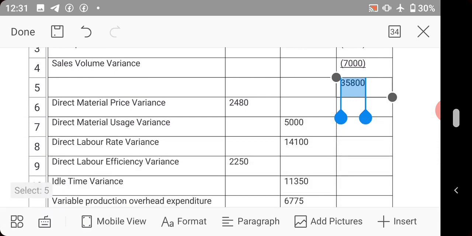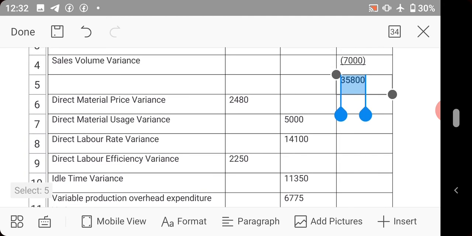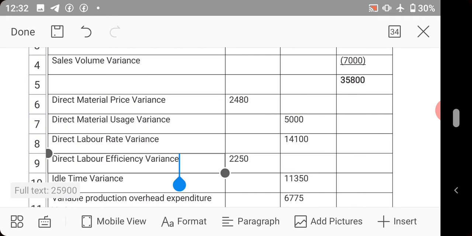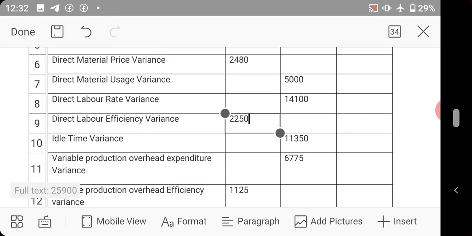Now this is where you adjust the remaining costs. So you bring in your direct material price variance. You go and check. If it is favorable, it will be under the favorable column. If it is adverse, it will be under the adverse column. You bring in your direct material usage variance. It is under adverse. You bring in your direct labour rates variance. It is under adverse. You bring in your efficiency variance. It is under favorable. You bring in your idle time variance.